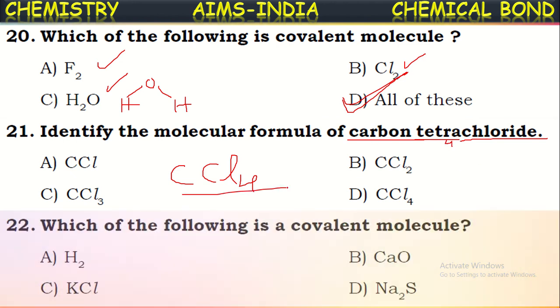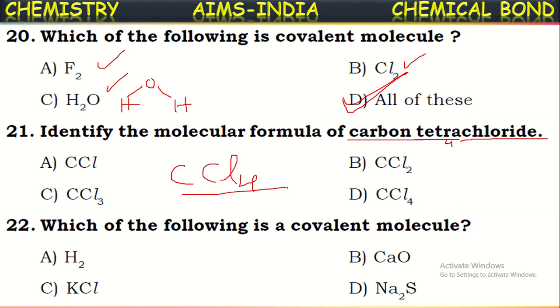Right? Next one. Which of the following is a covalent molecule? How to say whether it is a covalent molecule or an ionic compound? If the bond or molecule is formed between electropositive and electronegative atoms, then obviously it will be an ionic compound.